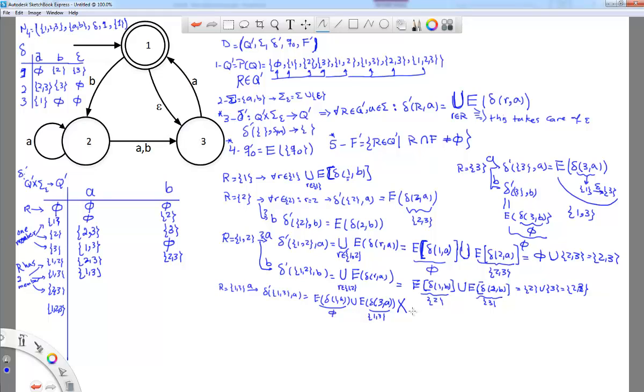And then for B, delta prime of set 1, 3 and B is going to be the union of E of delta of 1 and B with E of delta of 2 and B. Okay, so I know that this 1 and B is 2, so that's set 2, and 3 and B is phi, so that's phi, therefore this is going to be set 2.